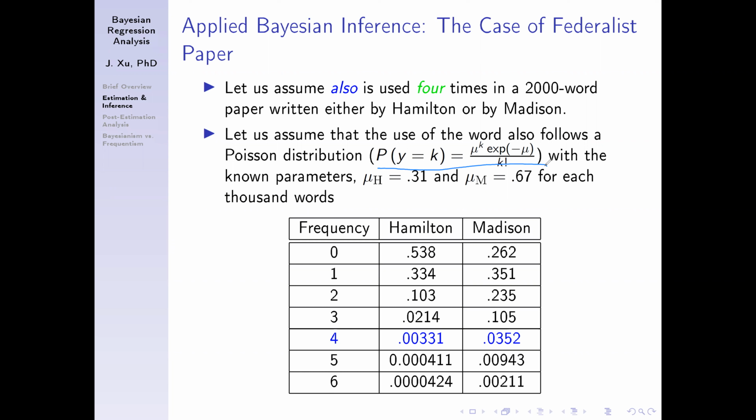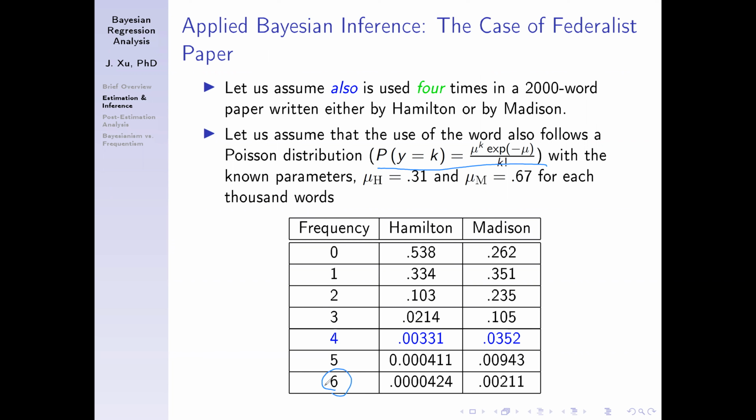We can derive corresponding probabilities for frequencies from 0 to 6. And we can go on to 7, 8, 9, 10, etc. But the probability for 6 is small enough, approaching 0. So pretty much we can stop there.